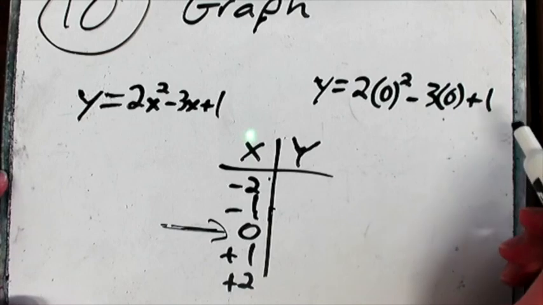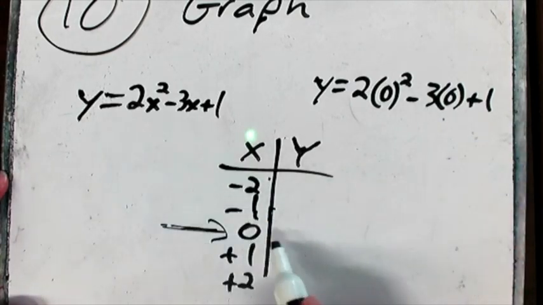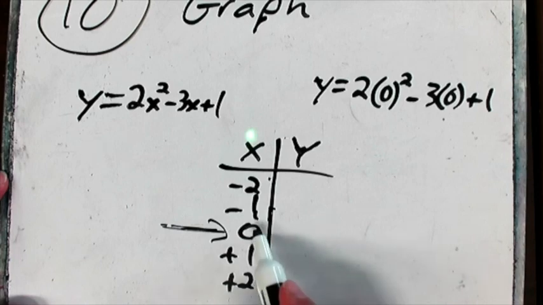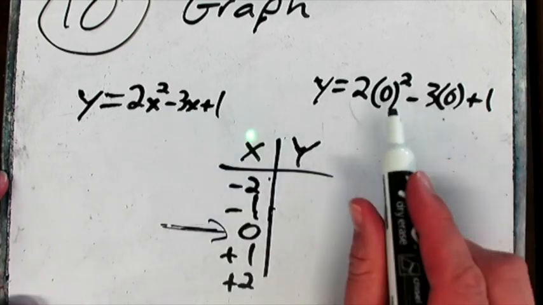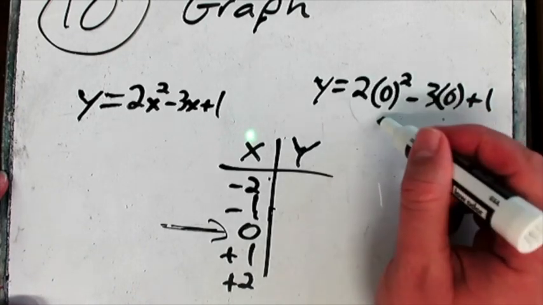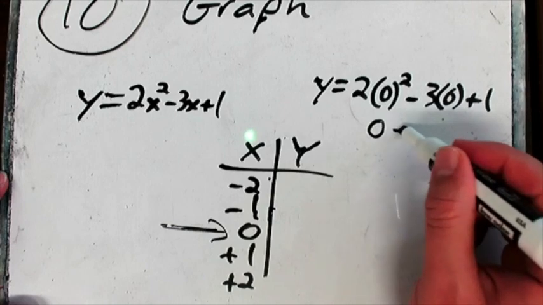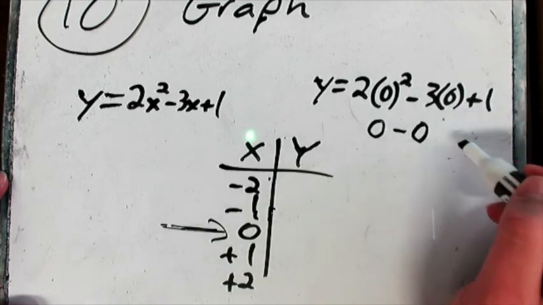See how I plugged in x, which is in this first case, we're just trying to solve this one number. I'm going to plug in 0 for x there and x there, so that's what we did here. Then 0 squared is 0, and 0 times 2 is 0. So I got 0 minus 3 times 0. Well, you can do that on your calculator or in your head, but that's 0.